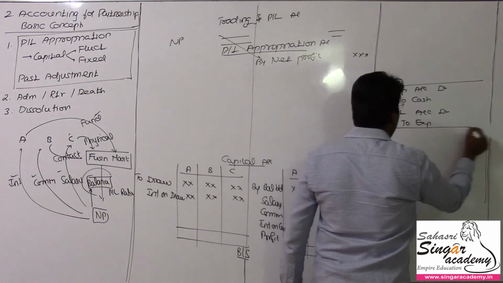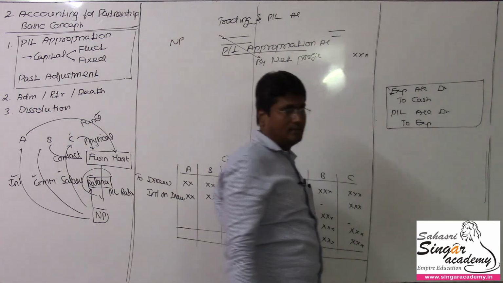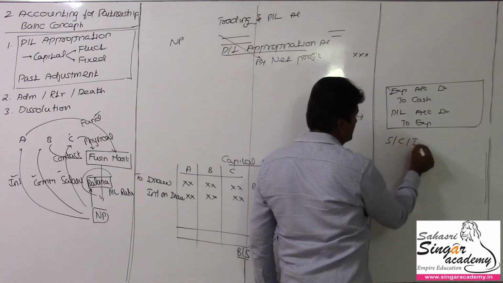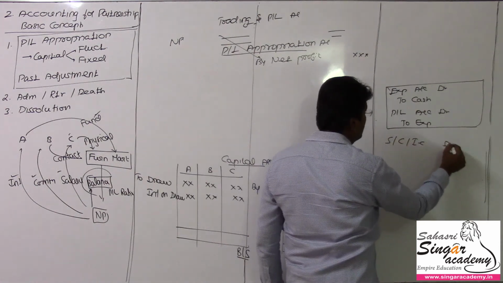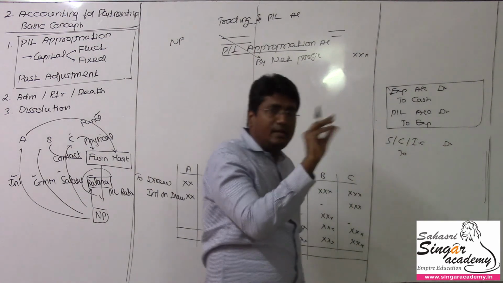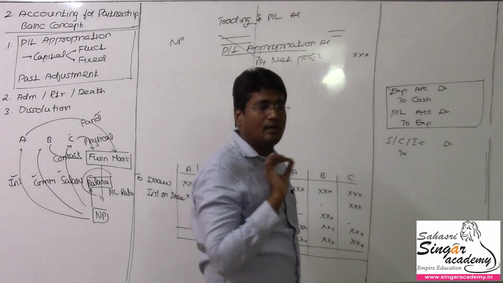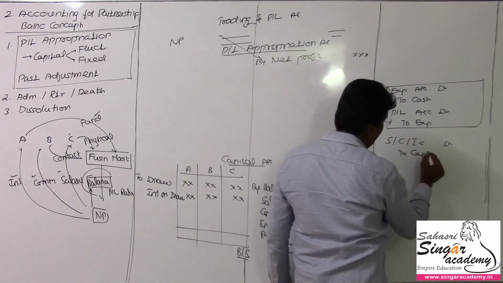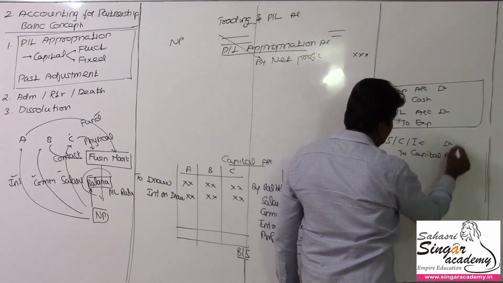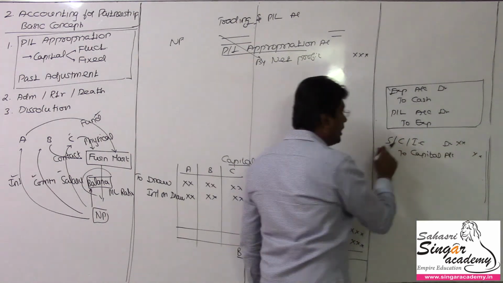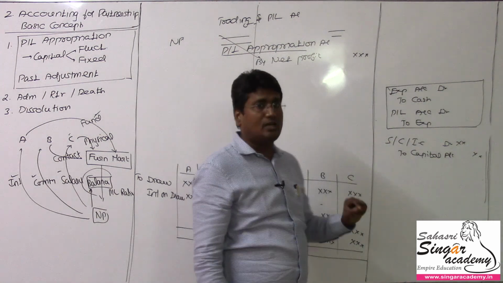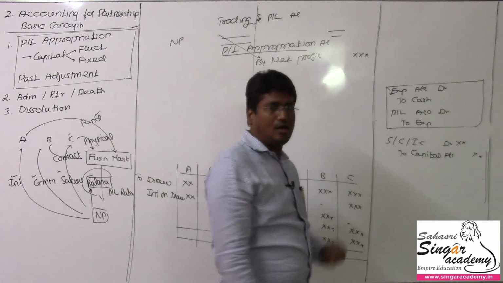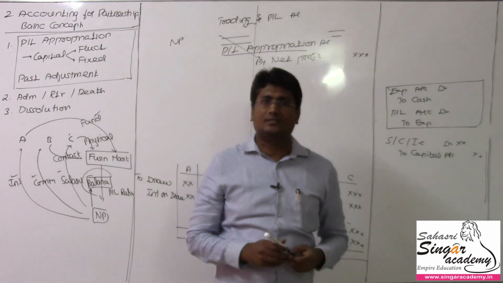But whenever you are offering something to the partner, those things, what are they? Salary, commission, interest on capital. We are not immediately giving that in the form of cash. We are recording it in their own account, so to capital account. And these items are not debited to the P&L account, but these items are debited to the P&L appropriation account, because it is not a charge. Charge means expenses.